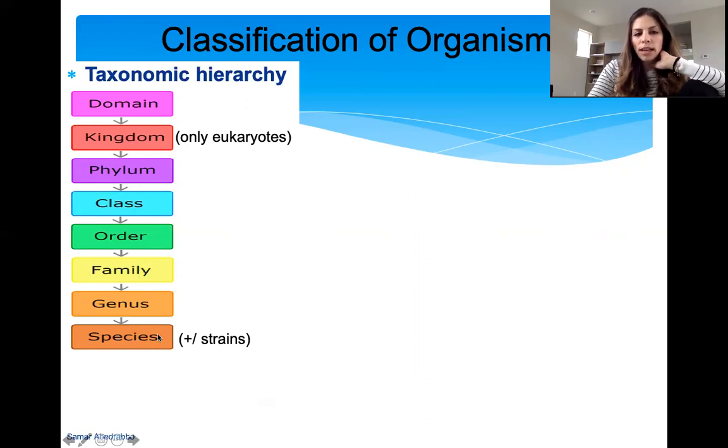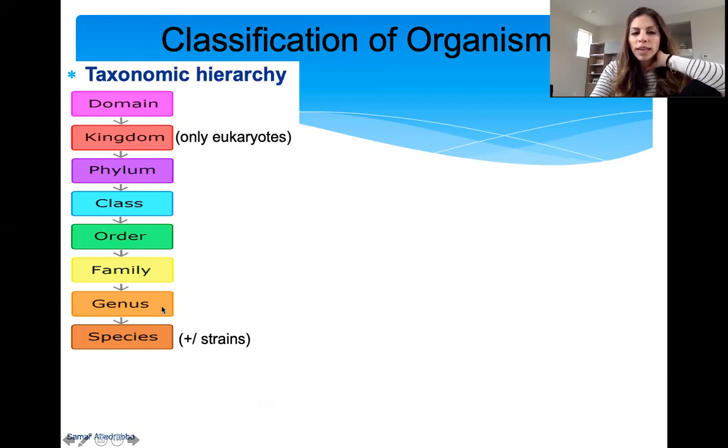So an example of a very specific organism is Escherichia coli, or E. coli, where it's part of domain bacteria. The genus is Escherichia and the species is coli. So classification is deciding what domain things belong in, all of these things.